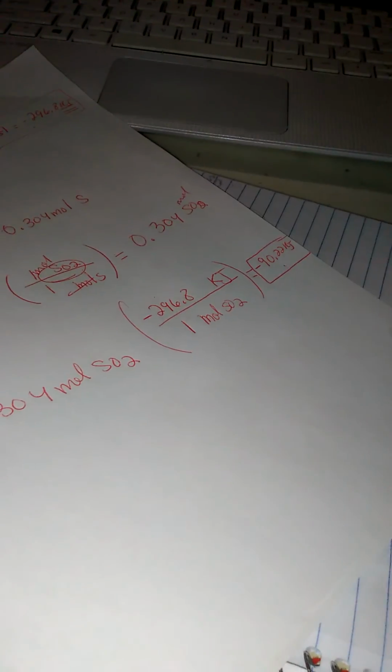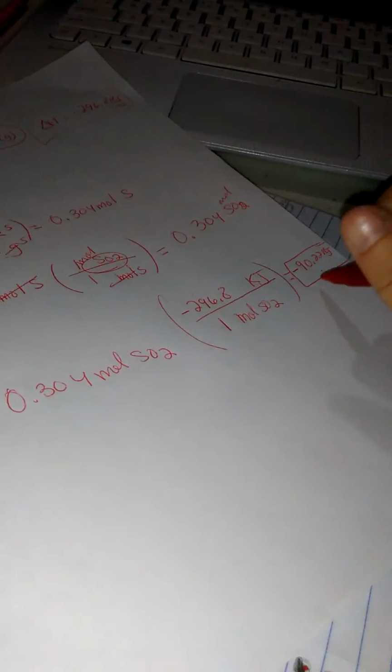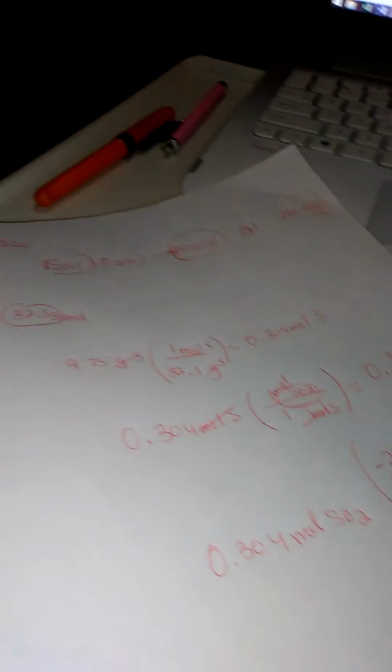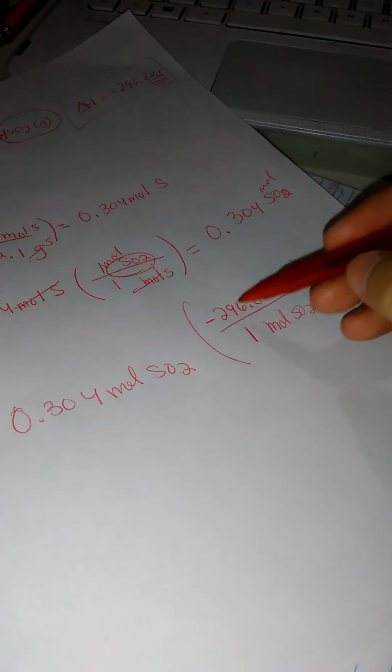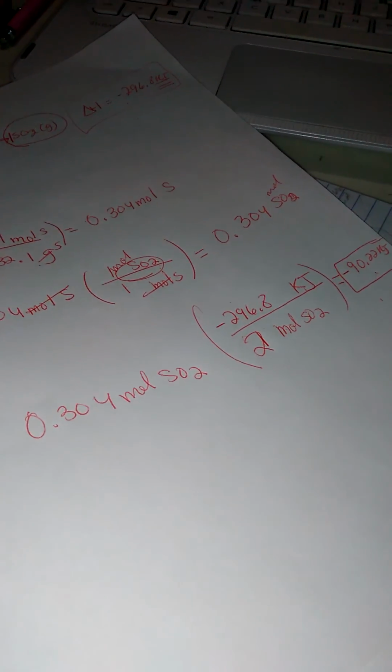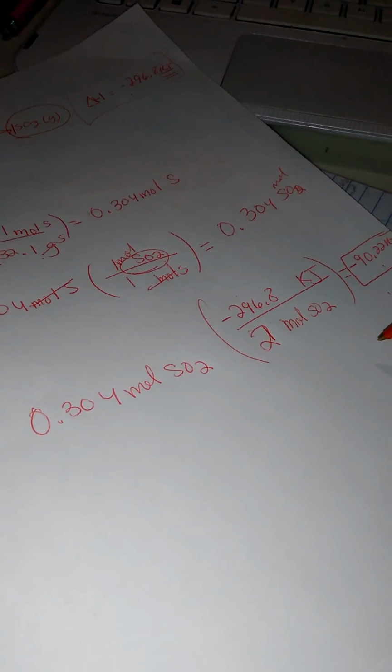So that's why it will stay negative. So this will be the answer. And if you ask me what will happen if there's 2 moles, instead of this, it will be 2 moles on the bottom, and so on and so forth.